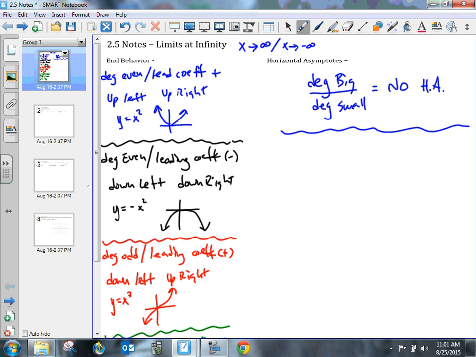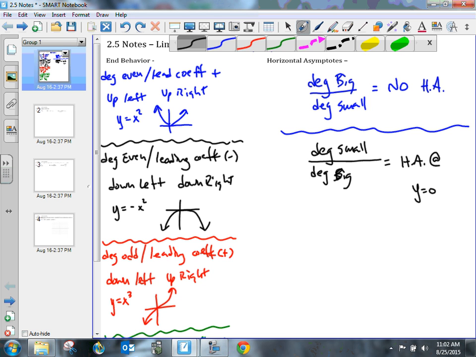Another scenario, let's say that the degree of my function in my numerator is small, divided by the degree of my denominator is big. Okay, then we get a horizontal asymptote at the horizontal line y equals 0. Okay, it's actually the x-axis.